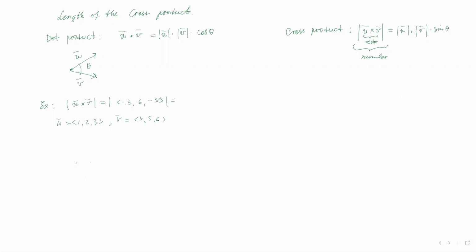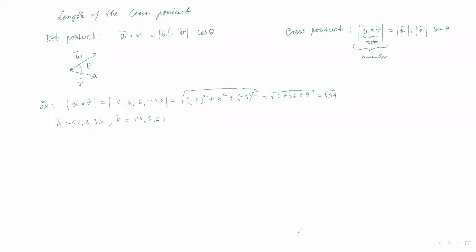What is going to be the length of it? Remember, it's the square root of -3 squared plus 6 squared plus another -3 squared, which is 9 plus 36 plus another 9, the square root of 54. So we just calculated the length of the cross product.